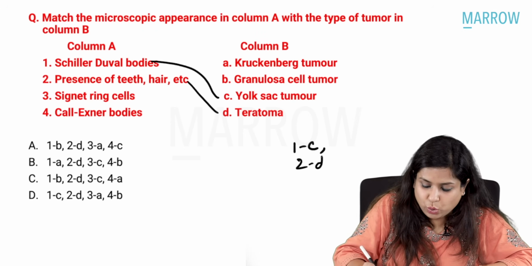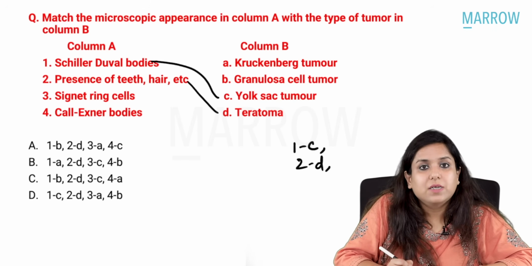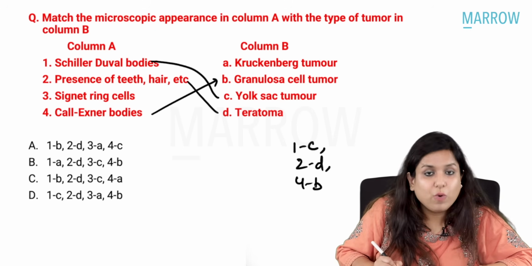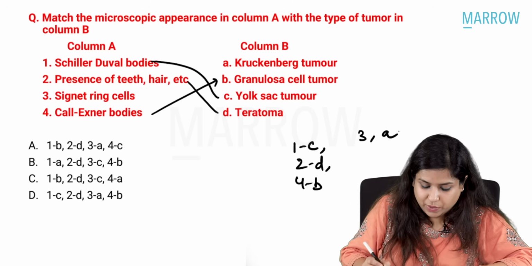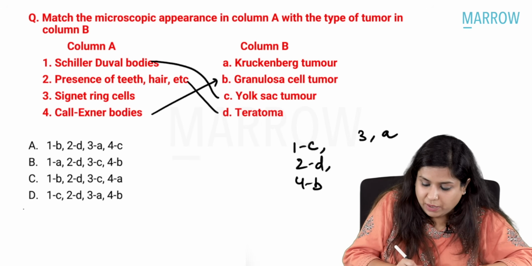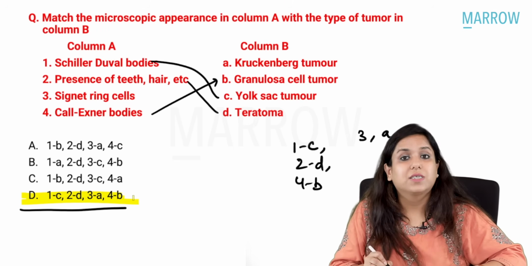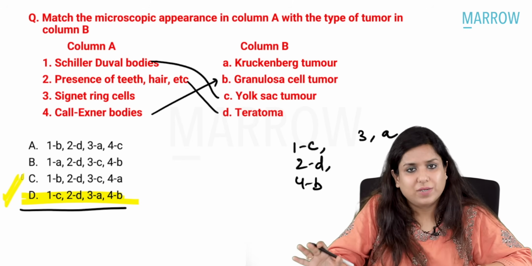So I have matched 2 with D. Signet ring cells, let's leave. Call-Exner bodies are seen in granulosa cell tumor. So I have matched 4 with B, right? And I have matched 3 with A. So 1C, 2D, 4B and 3A. What is the answer? It is D. A very, very important and easy question, right?